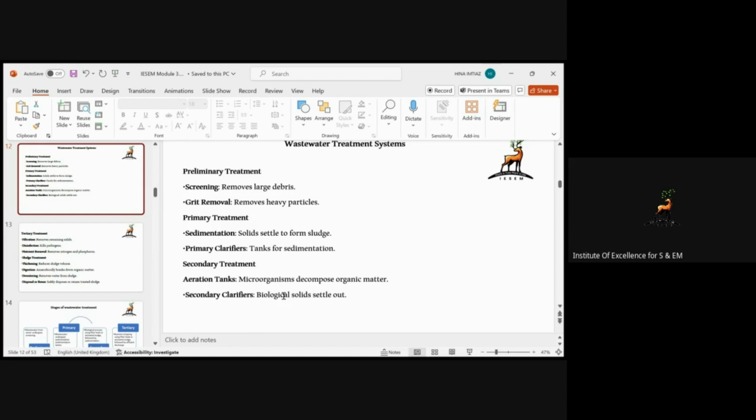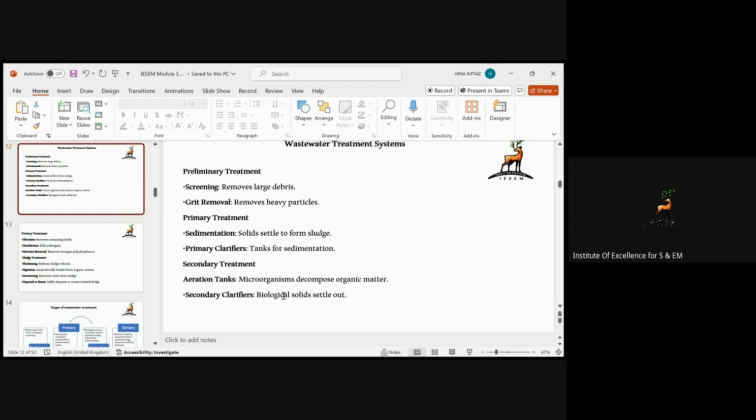So what is happening in this secondary treatment? You are spraying that water on the beds of rocks so that they have the maximum surface area for the oxidation, so that the bacteria will perform very well when they have an adequate amount of oxygen.